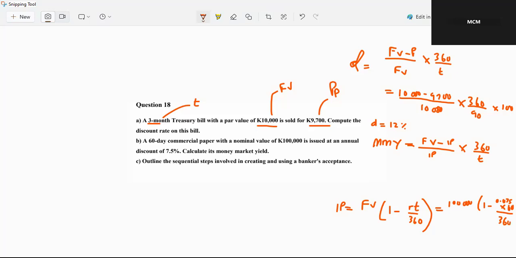So that we get our issue price. When you calculate it well, it will give you the figure 98,750.